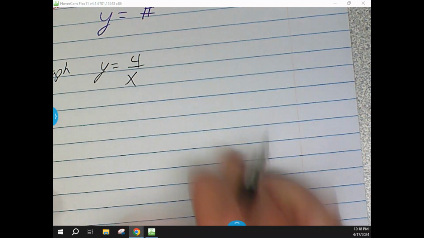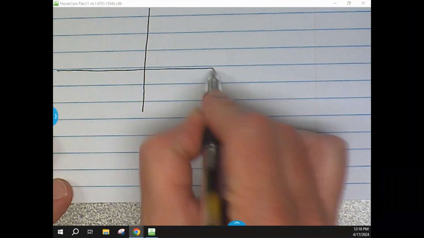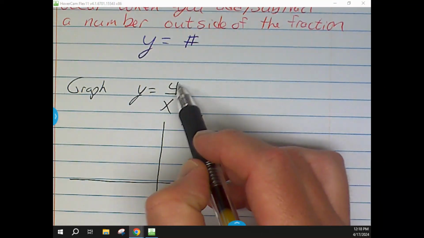So when we graph these things, here's where we'll kind of do it real quick. If we graph y equals 4 over x, and again, we're going to skip all that table of values that we had here. This is the main thing you need to know, that if you're graphing one like this, this number could be 4, it could be 2, it could be 3.